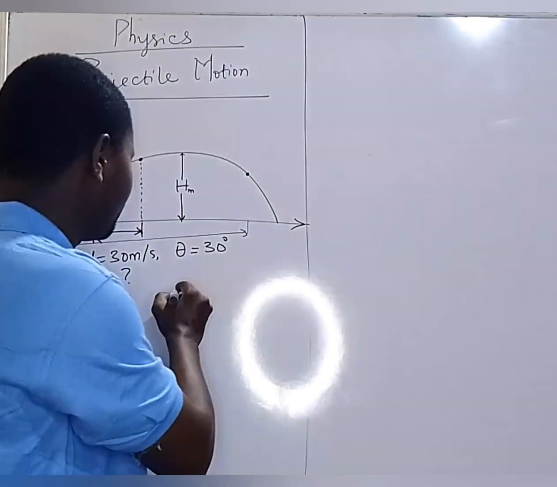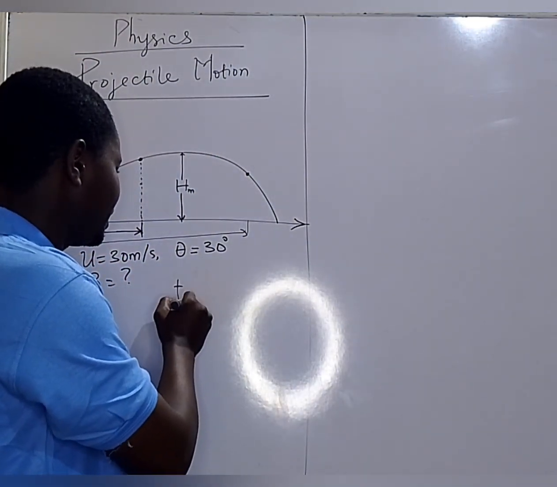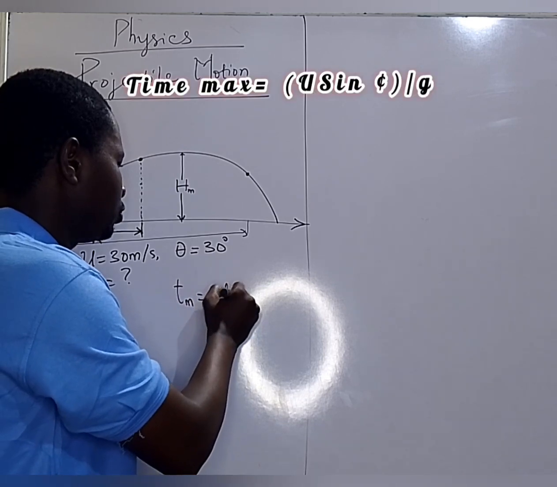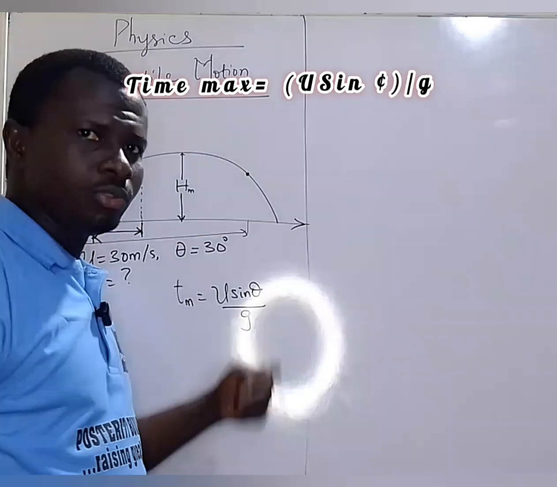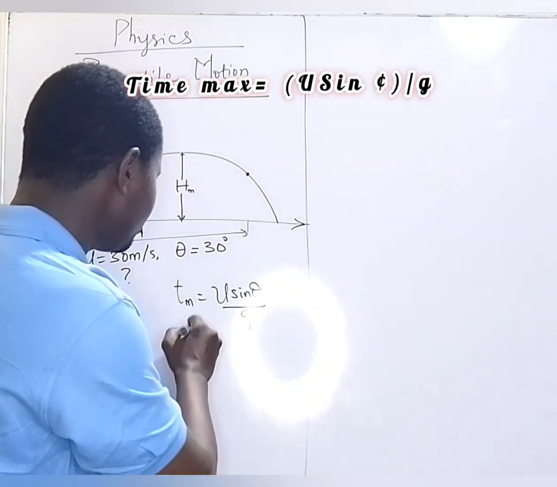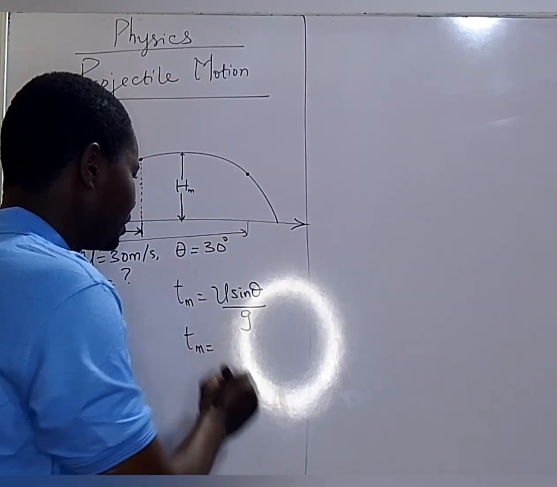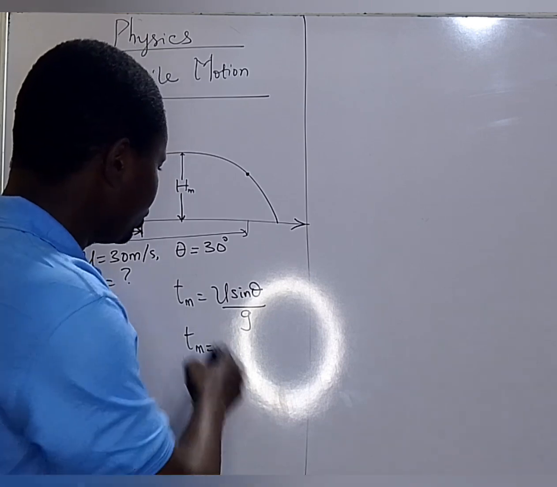As you know, the formula for T max is U sine theta over G. What's your U?